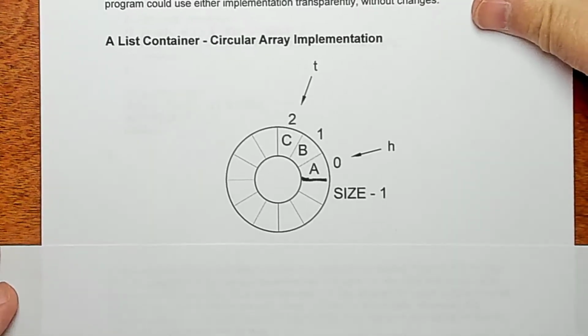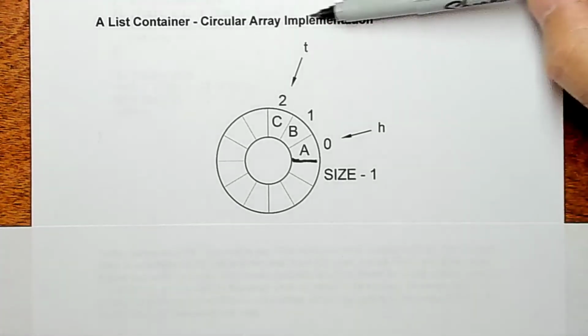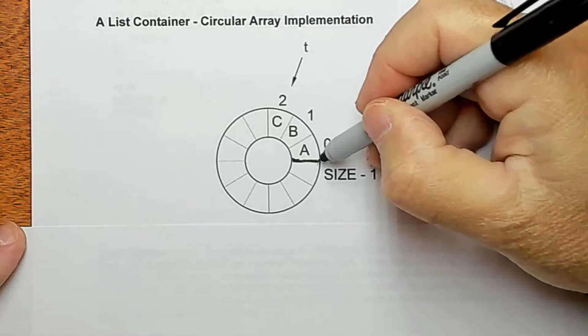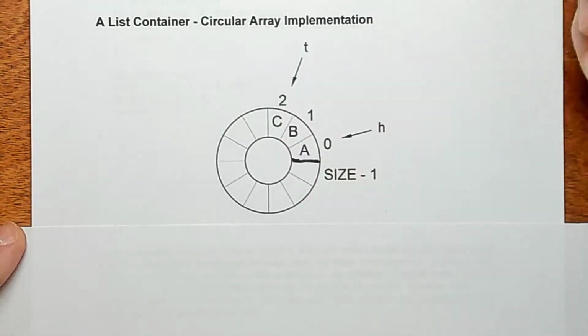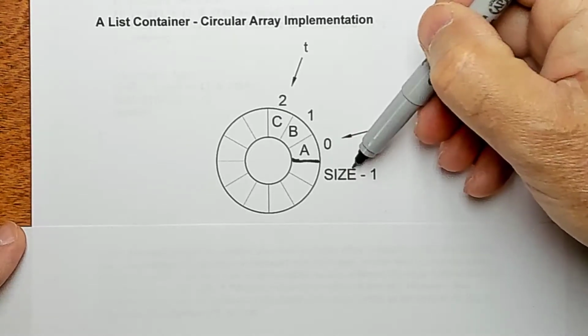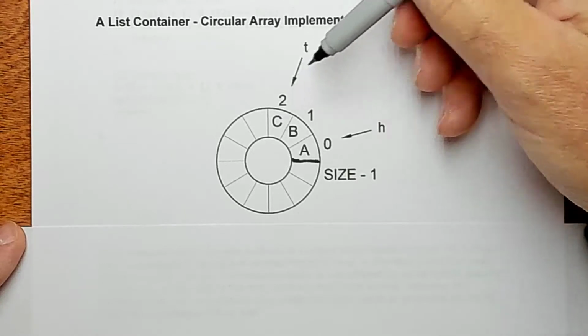One implementation that we're going to look at is something called a circular array implementation. In here, you're just taking an array and you're treating it as if it were a circle. The array has indexes from 0 to size minus 1.